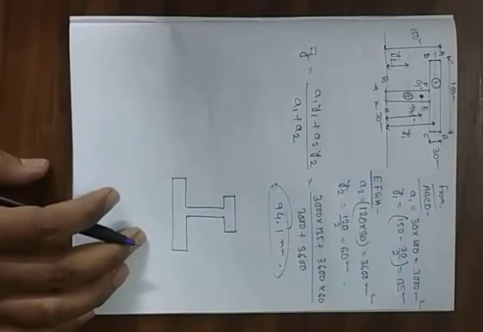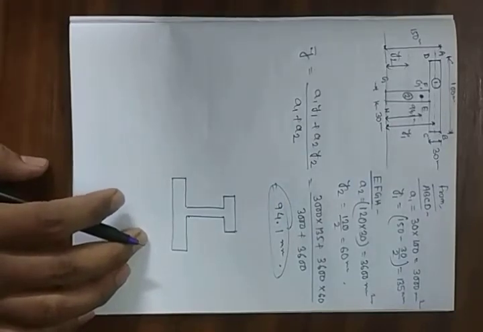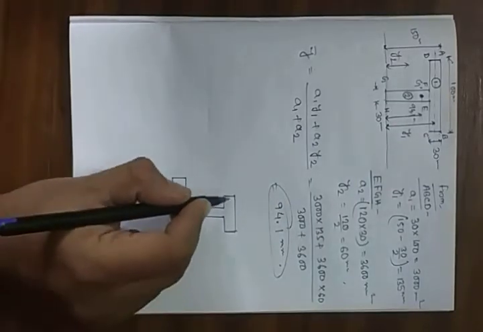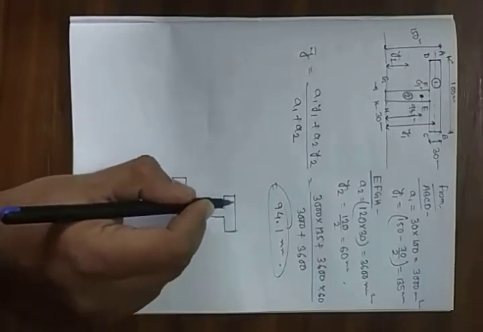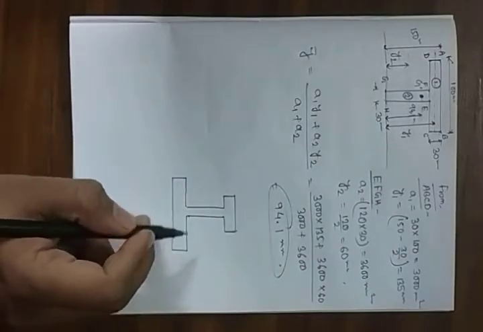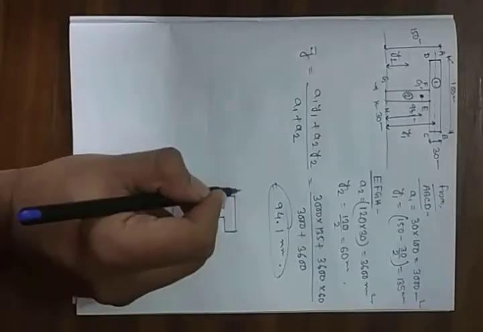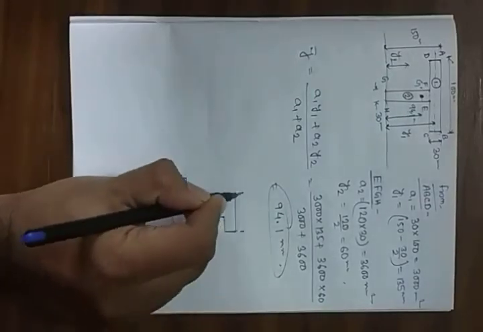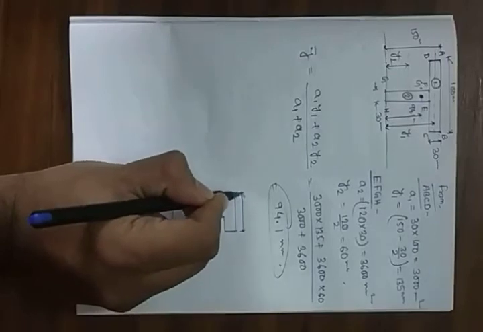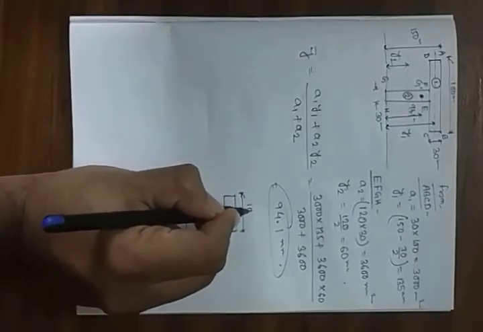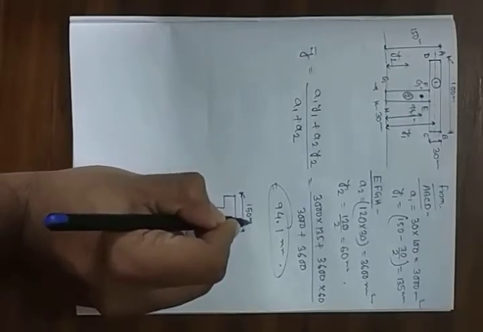I am taking this I-section. This portion is called the flange, this portion is also a flange, and this is the web portion. The width of the upper flange is given as 150 millimeter.